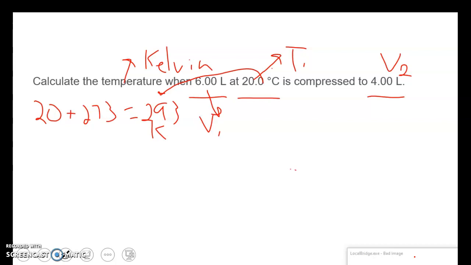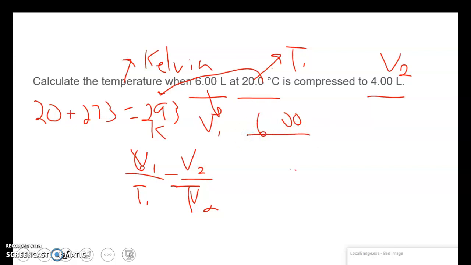All right, so I solve this then. V1 over T1 is equal to V2 over T2. V1 is 6, T1 is 293, because I want it in Kelvin, over V2, which is 4.00, over T2.